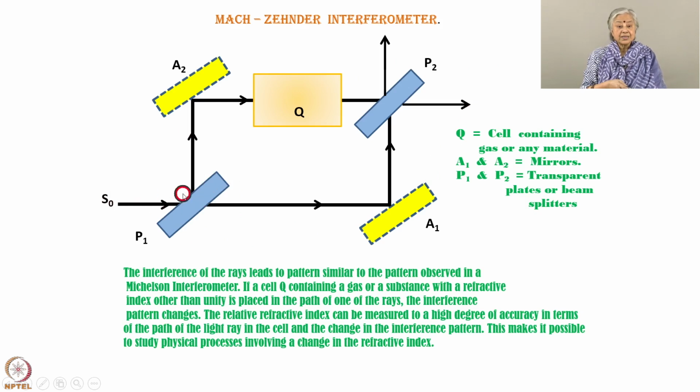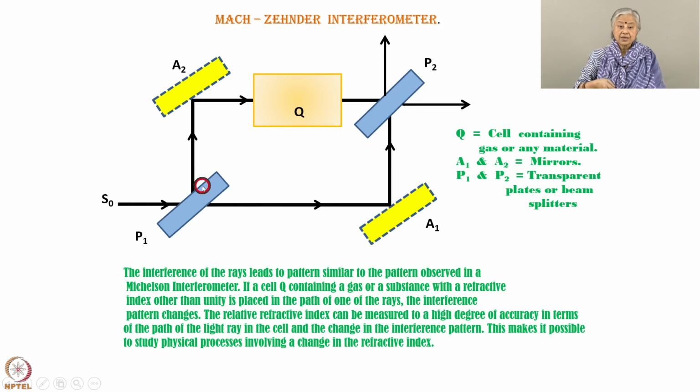So, here we are dividing the amplitude of the electric field associated with this light into this and this. Of course, we are dealing with the intensity, which is the square of the amplitude of the electric field. Here is one beam, here is the second beam, and both of them are from the same source.